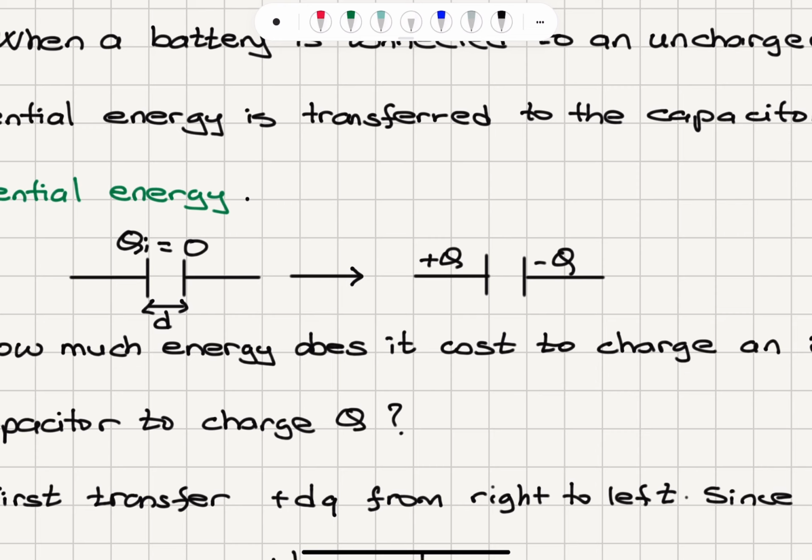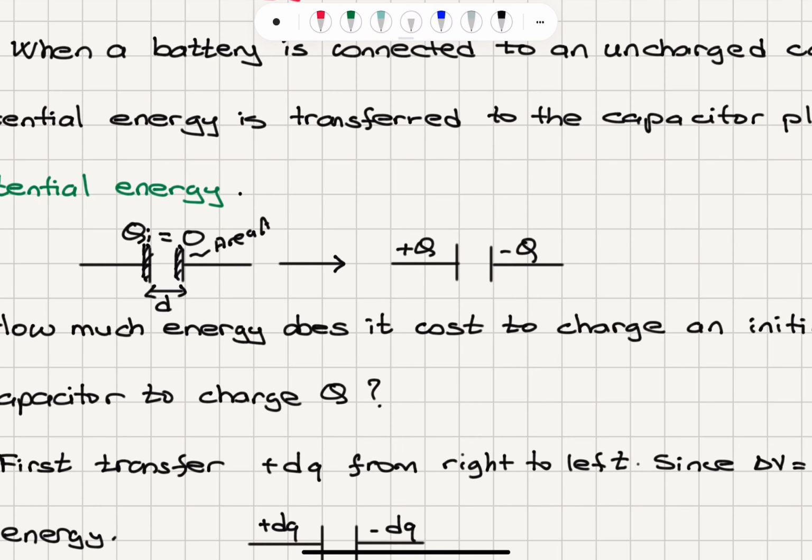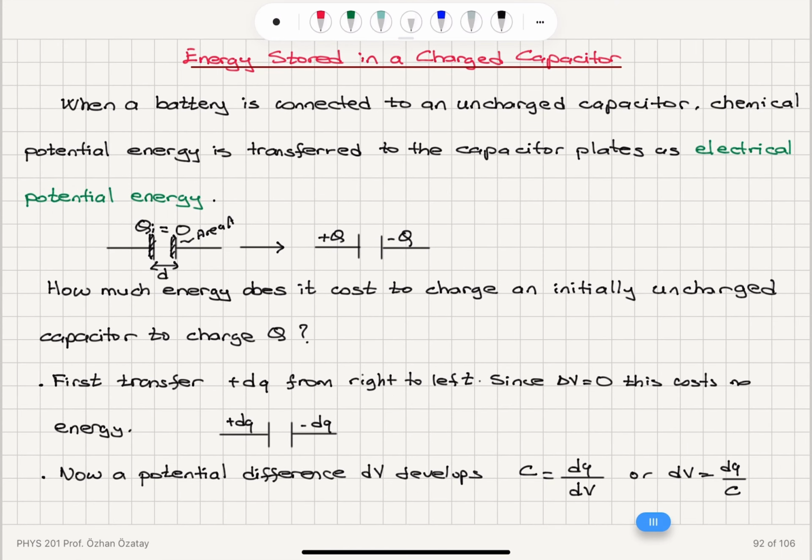Remember, the area of these plates is A, and the distance between the plates is D, and the volume enclosed by these plates will be basically this whole region in between the plates, that's area times the distance.